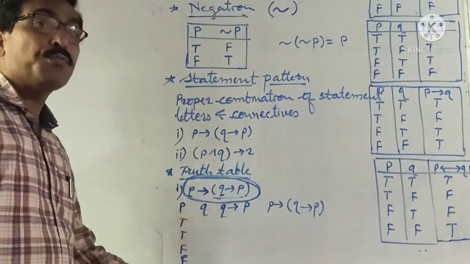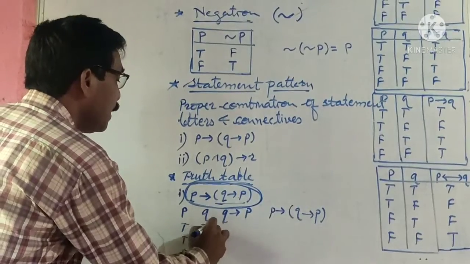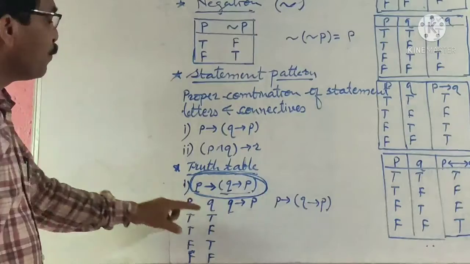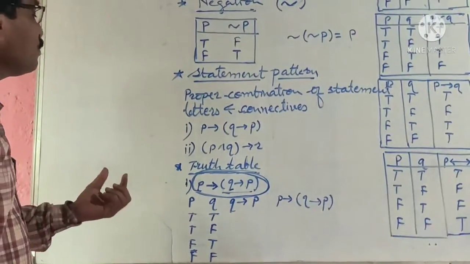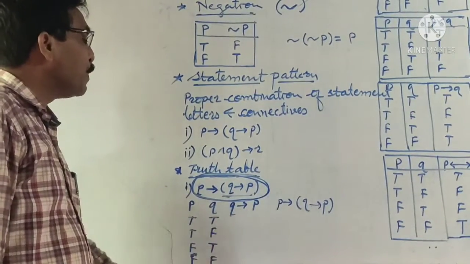After that entries of Q are T, F, T, F. That is 1 T, 1 F, 1 T, 1 F. Now we will write entries of the column Q implies P.